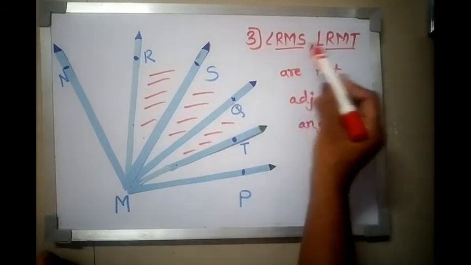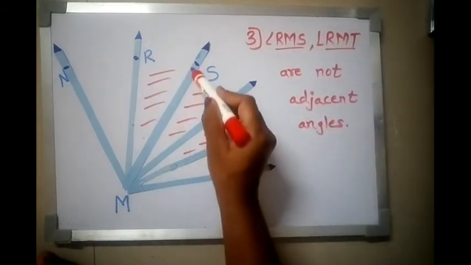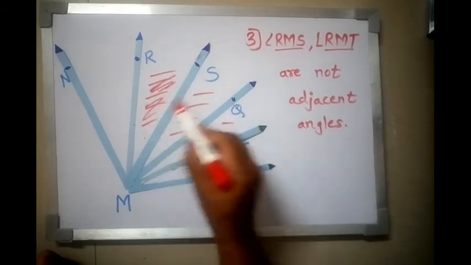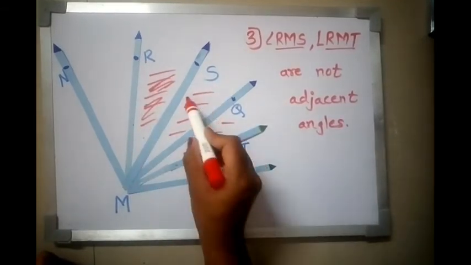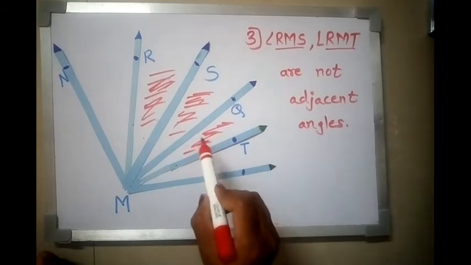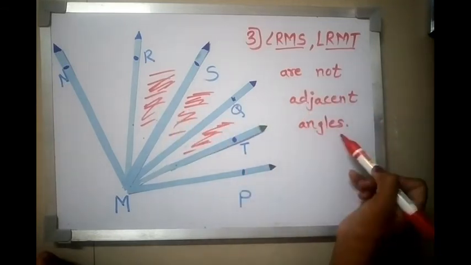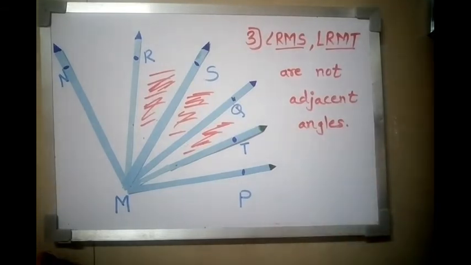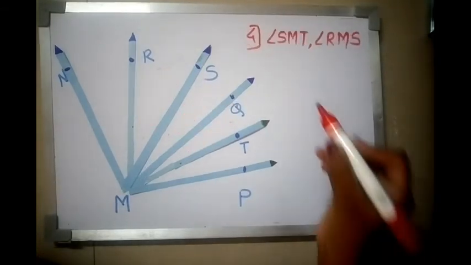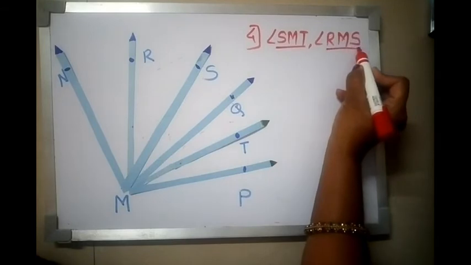Third, angle RMS and angle RMT are not adjacent angles because here there is no common arm, no common vertex and no separate interiors, so they are not adjacent angles.